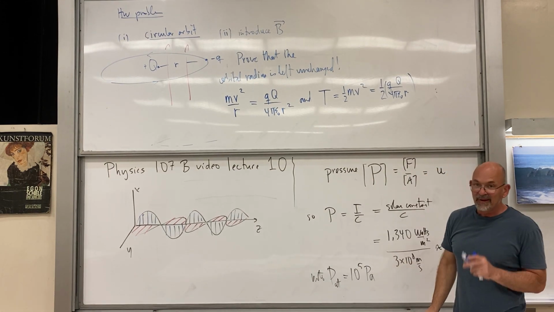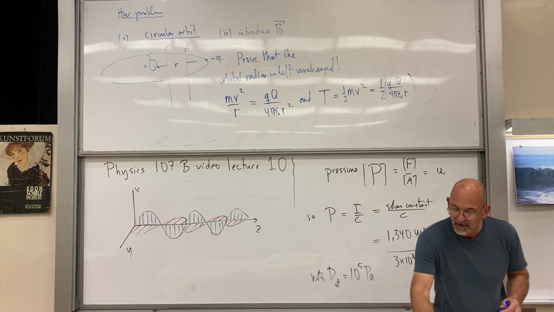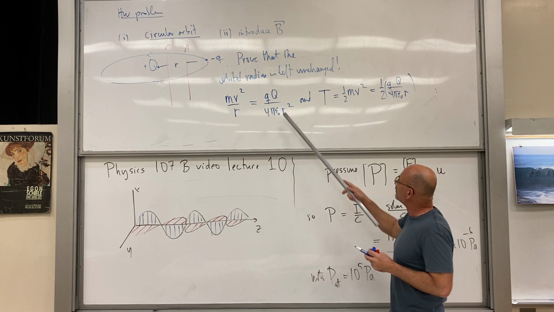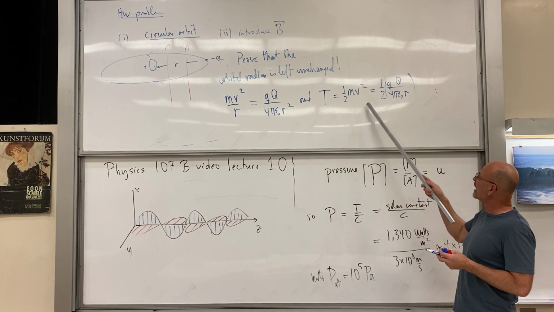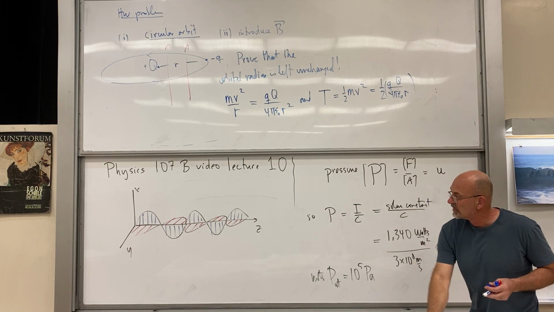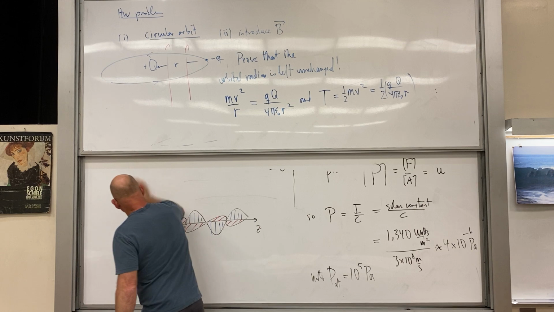So after the B field is dialed in, we're going to add a force term from the Lorentz force, and we'll have a new kinetic energy as well. So let's go ahead and erase this here.